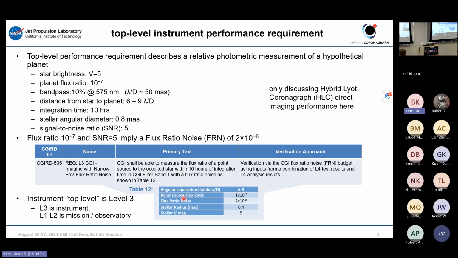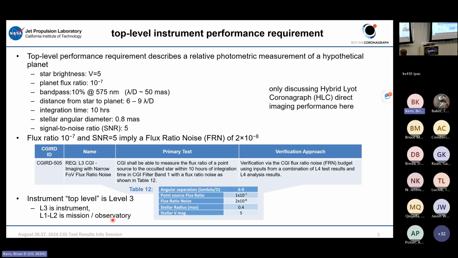So that's all nicely quantified and specified. I will talk a little bit about requirements, the detailed language of the requirements. As an instrument, there's a mission and an observatory that are responsible for actually delivering all of this in the end.